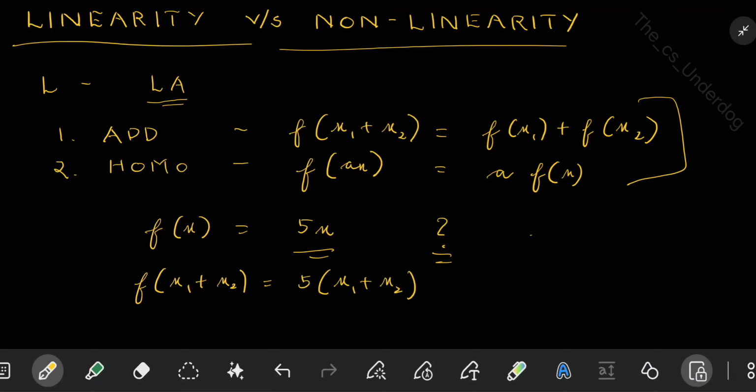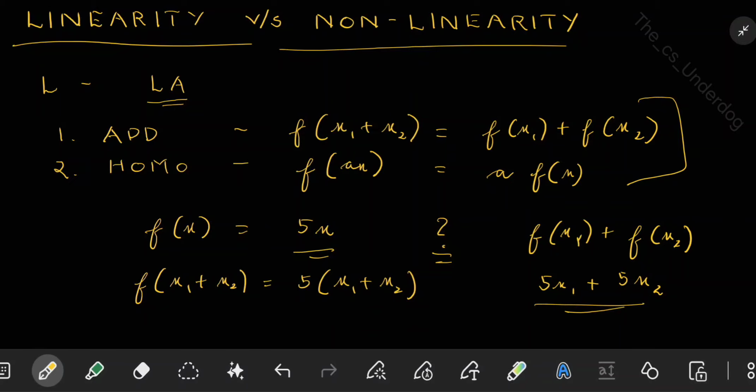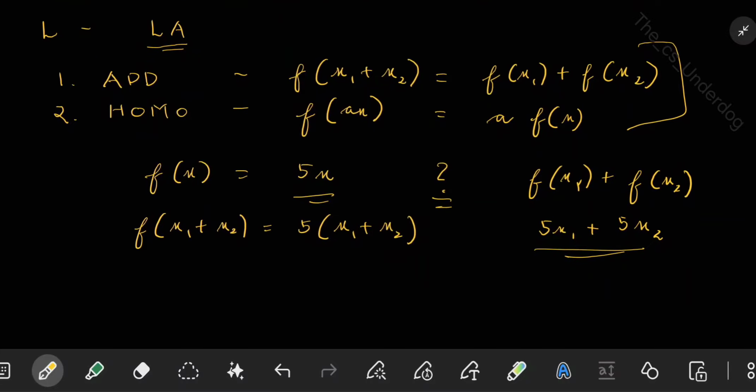Is this the same as f of x1 plus f of x2? If you do f of x1 plus f of x2 separately, you will have 5x1 plus 5x2. So here you can see that this is the same as this. Now I'll give you one more example and then you have to tell me whether it is linear according to you or not.